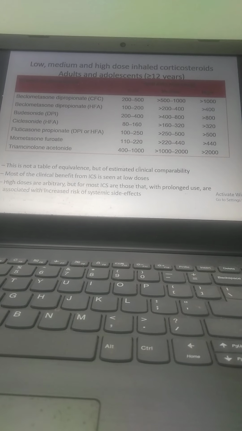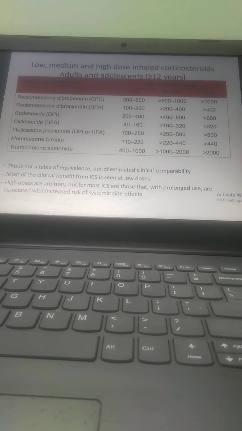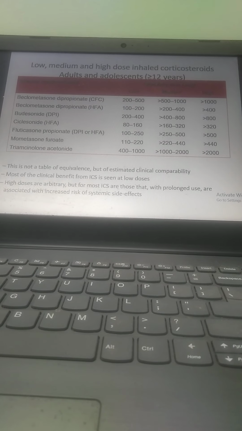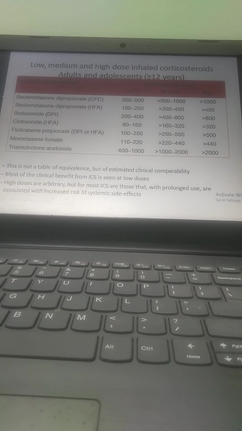Ciclesonide, HFA is the vehicle: 80 to 160 microgram, then 160 to 320, and more than 320. Fluticasone propionate, DPI or HFA, inhalation: 100 to 250 is low, more than 250 to 500, and more than 500 is high.